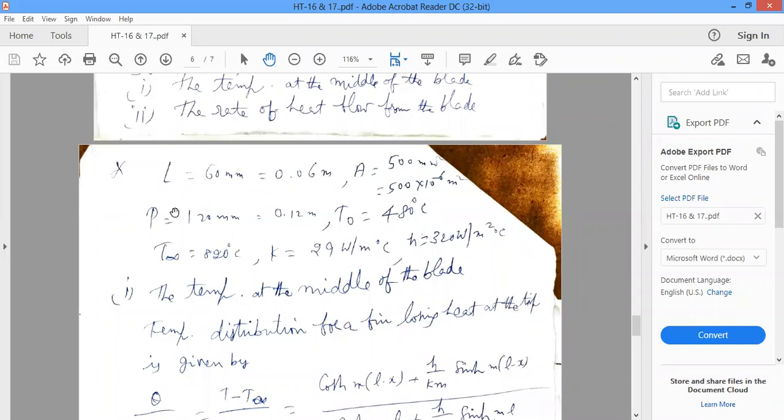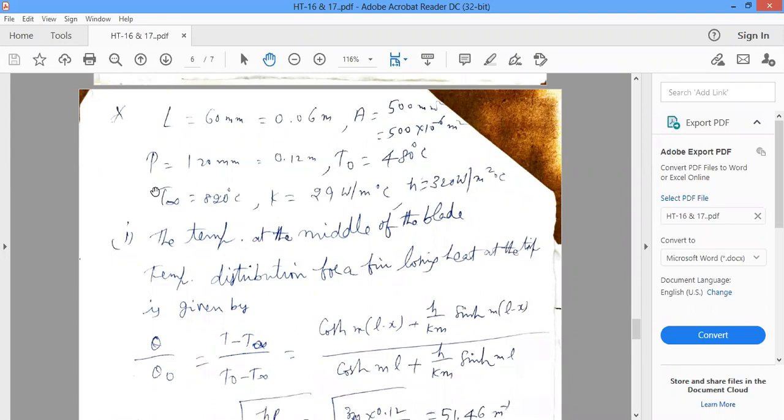Temperature of the gases or free stream T free stream is 820 degrees centigrade. Thermal conductivity of the fin material is 29 watt per meter Kelvin, or watt per meter degree centigrade. And convective coefficient h is 320 watt per meter square degree centigrade or Kelvin.